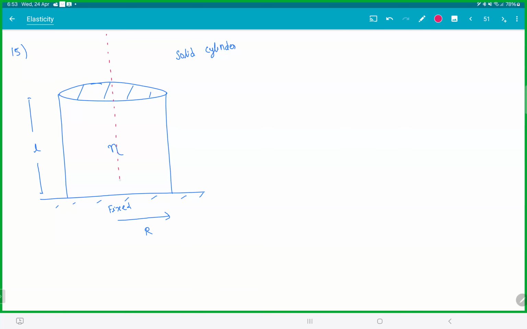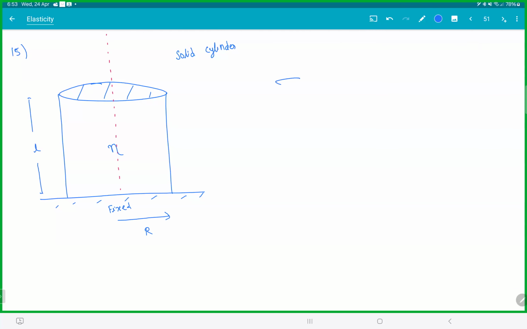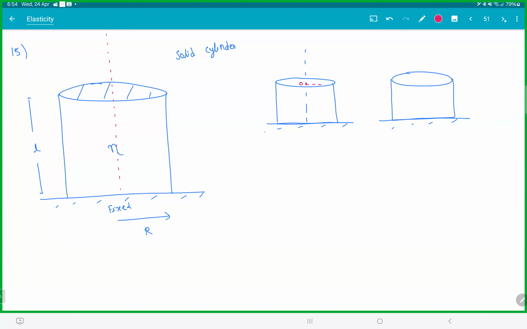Remember torsional pendulum? Initially, this point was O. This was point A. So when you twisted this by an angle theta, the A reached here, and this whole angle got twisted by theta.